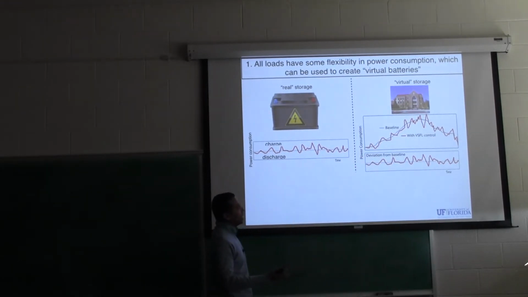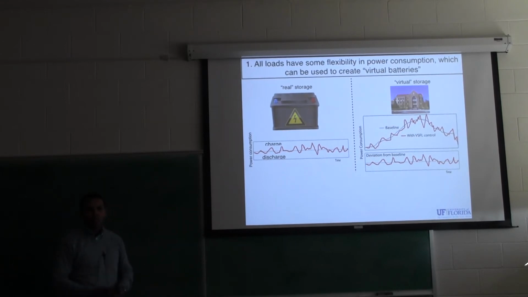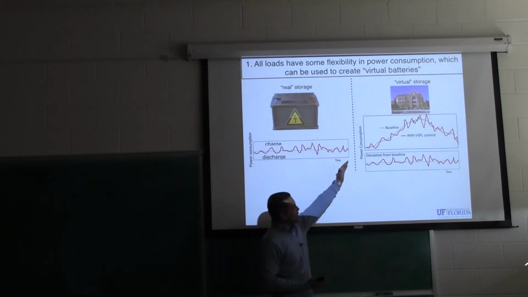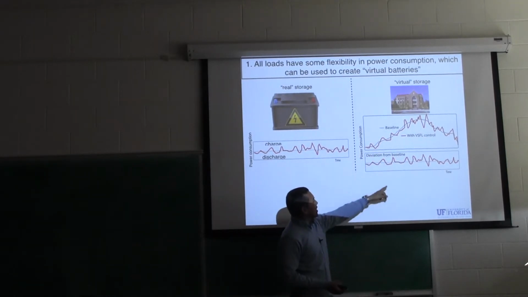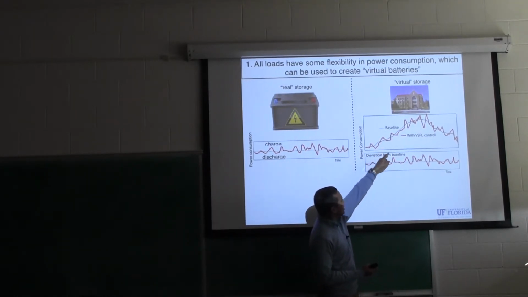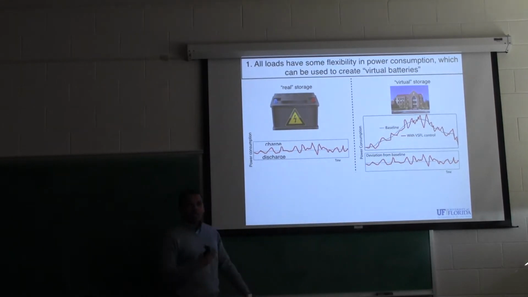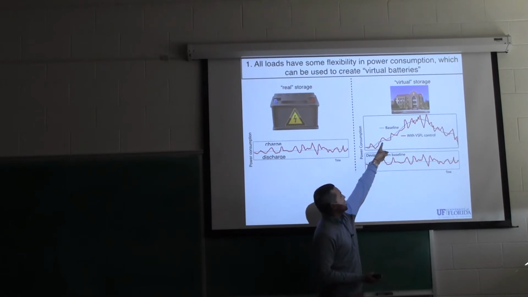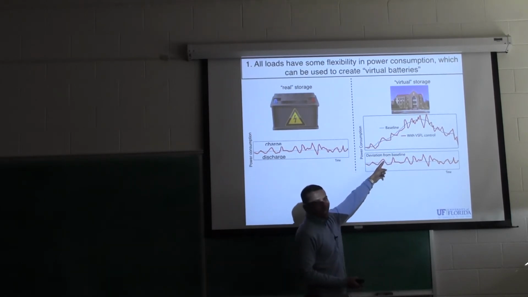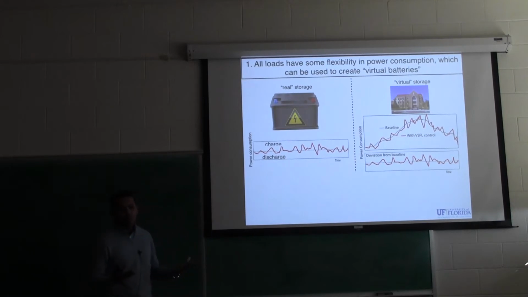It's not looking at a single building, but at a whole collection of loads in its area, and it has a prediction of this baseline, and it schedules all the generators and everything else to meet this curve. Then suppose at some point solar production goes up. The grid operator will have to send a signal to batteries saying, you guys charge more, consume more power. But instead of batteries, if you can make these buildings suddenly increase their power consumption, you're going to absorb this extra energy from solar.